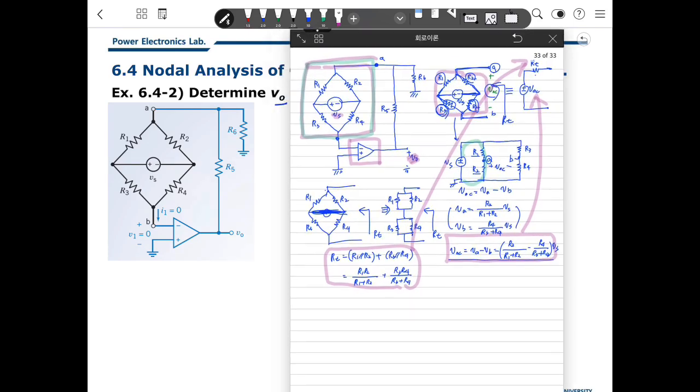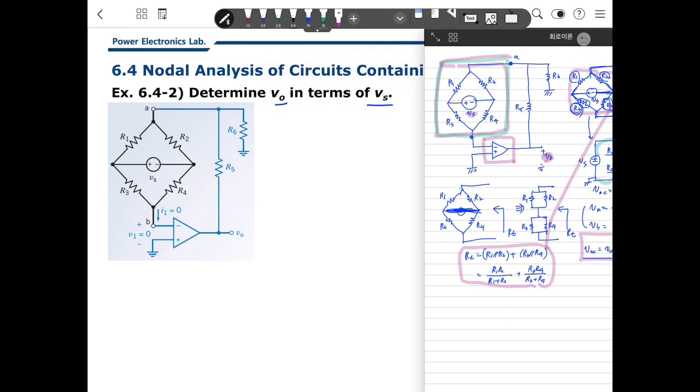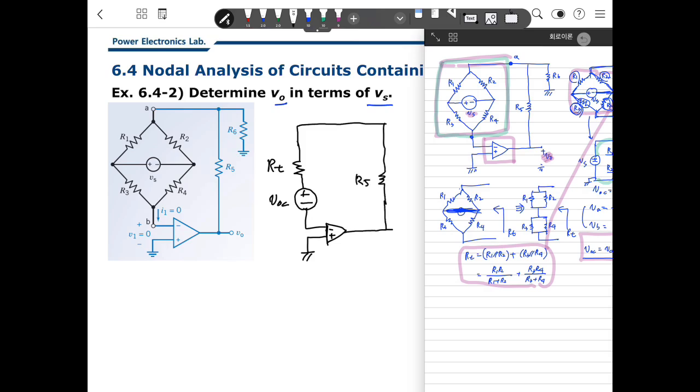Then this electric circuit can be redrawn as an op-amp here, with minus and plus. The plus is to ground, and going up we make one simple VOC and RT, and R5 connects this way, and this is R6 to ground.